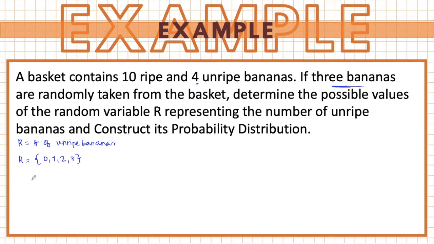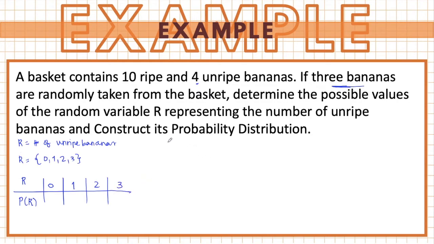Next, we construct the discrete probability distribution. This is a discrete probability distribution even if it's not stated in the problem because our random variable here is discrete. Okay, so again, to construct the discrete probability distribution, we compute for the probability of each random variable. So, we have 0, 1, 2, and 3.